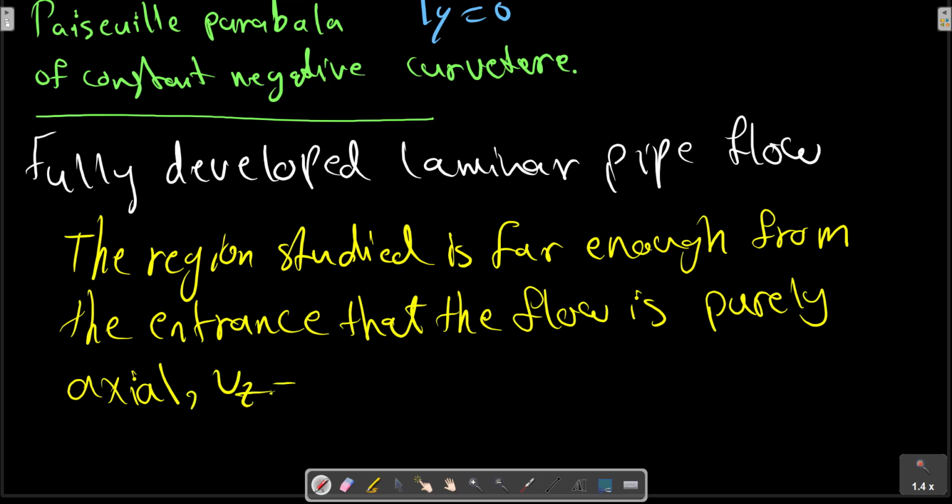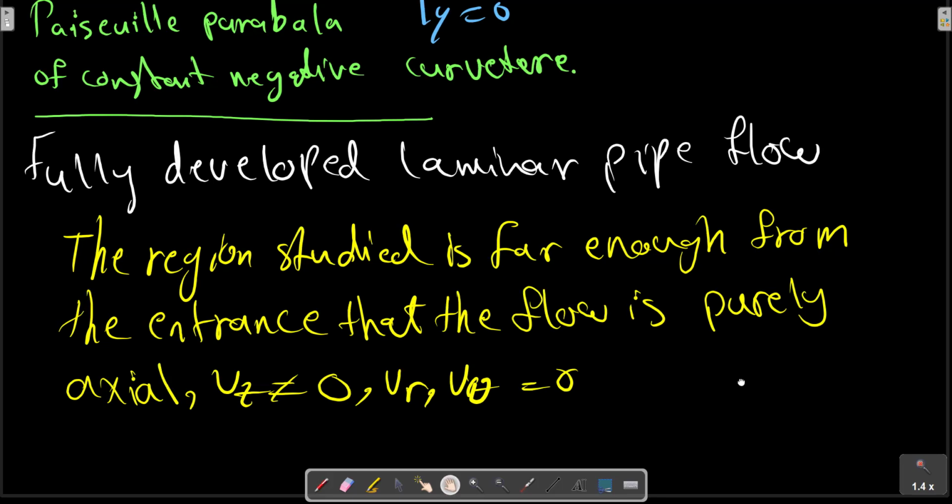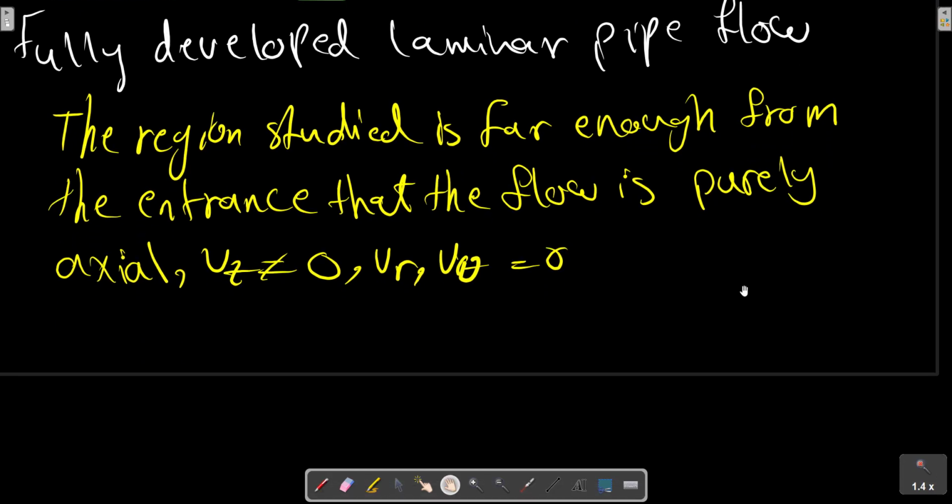Axial, where Vz is not equal to 0, while Vr and Vθ are equal to 0. This condition is for fully developed laminar pipe flow.